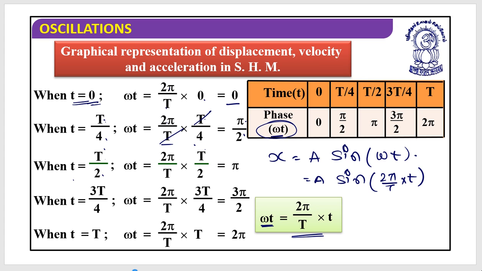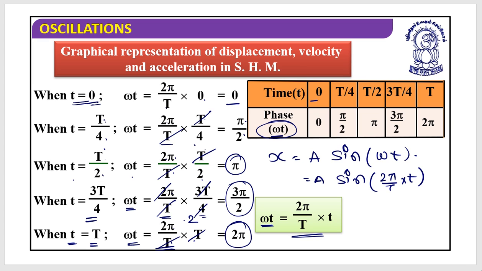When t = T/2, ωt is 2π/T into T/2, which is π. When t = 3T/4, ωt is 2π/T into 3T/4, which is 3π/2. And when t = T, ωt is 2π/T into T, which is 2π. So if t = 0, phase is 0; t = T/4, it's π/2; T/2, it's π; 3T/4, it's 3π/2; and at t = T, it's 2π.